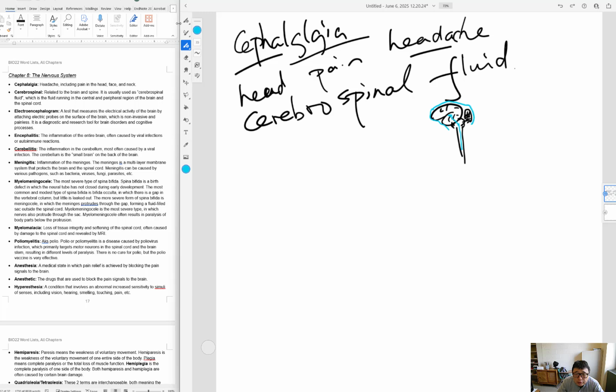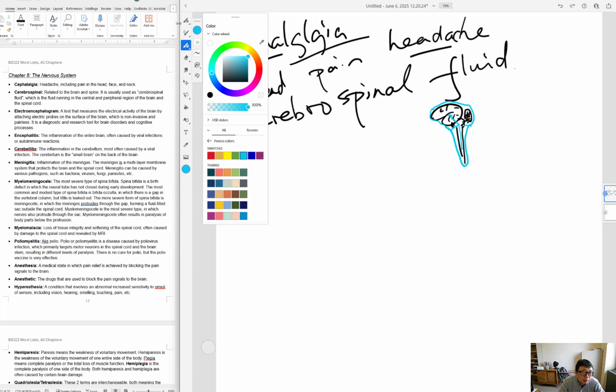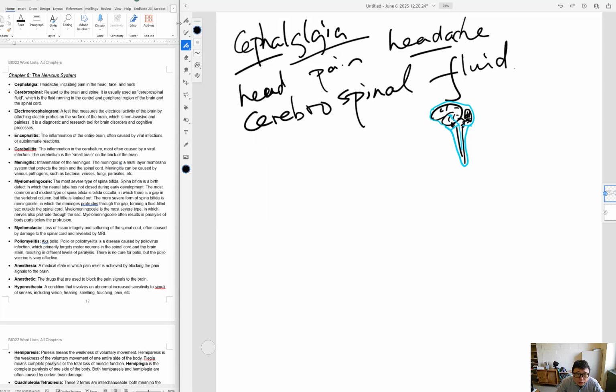The whole nervous system is enclosed by the cerebrospinal fluid, and inside and outside they are connected with each other, which means the whole spine and the brain, the central nervous system, are floating in the fluid. They are suspended in the fluid, and this is a good way to protect the central nervous system from physical impacts. So we call it cerebrospinal fluid.